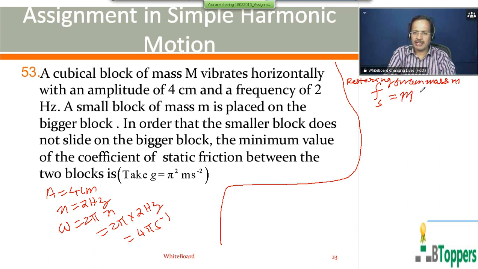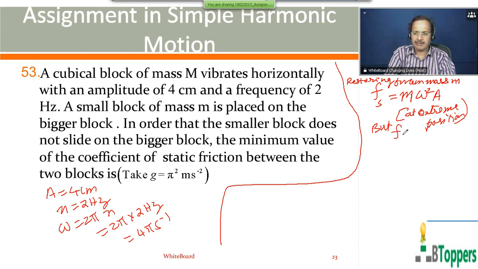That can be written as mass small m into the magnitude of acceleration at an extreme position. The magnitude of acceleration at an extreme position can be written as omega square times the magnitude of the displacement, the amplitude.